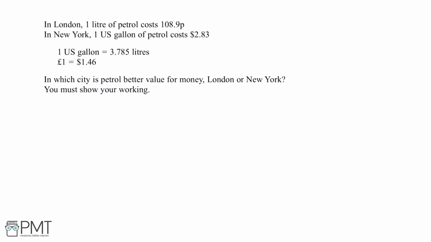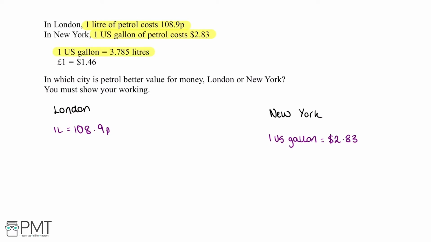So the information we've been told in the question is that in London, 1 litre of petrol costs 108.9 pence. In New York, 1 US gallon of petrol costs $2.83. One US gallon equals 3.785 litres.